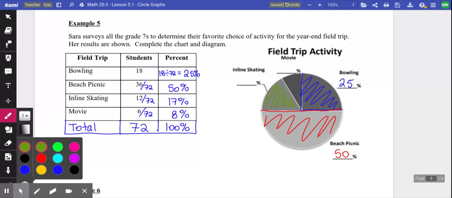So you can see that section is a little bit less, and that represents our 17%. And then 8% should be about half of that. So if I'm thinking about half of 17, it'd be a little sliver like that. That's 8%. And that's how they're turning this information into circle graphs.